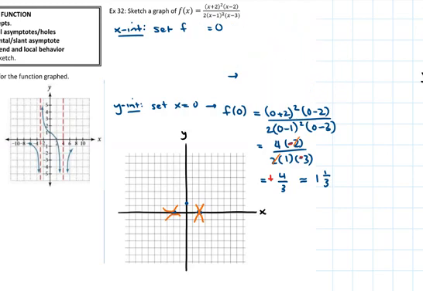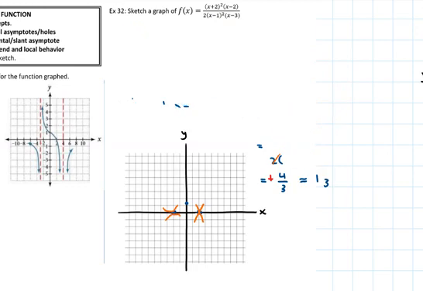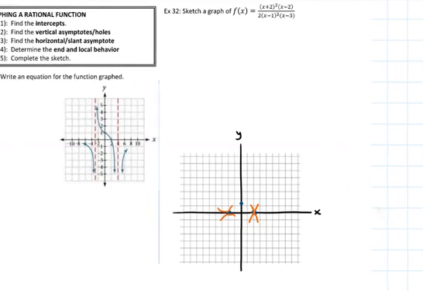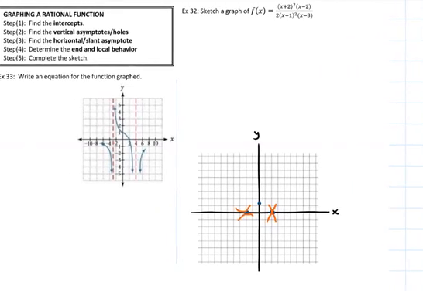I'm just going back to what's suggested. Let's go with vertical asymptotes and holes. And vertical asymptotes tend to come from the factors of the denominator and whatever makes the denominator 0.